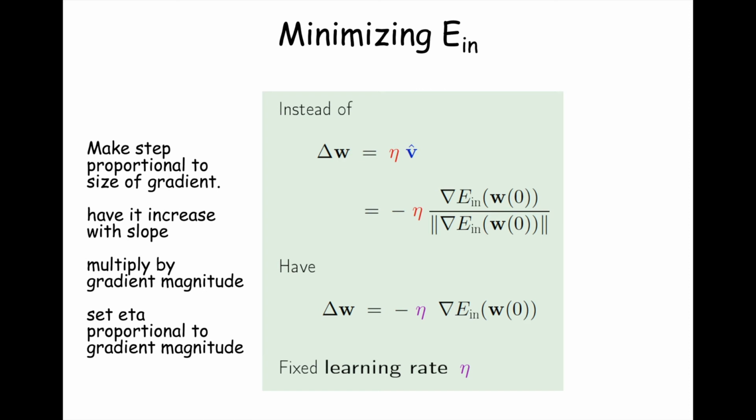So what is that quantity multiplying eta? Well, it's going to be the magnitude of the gradient of En at W naught, right? Because that's what it is. You want to scale it. As the magnitude gets bigger, our expression eta should get bigger. If the magnitude of the gradient is smaller, our expression for eta should get smaller.